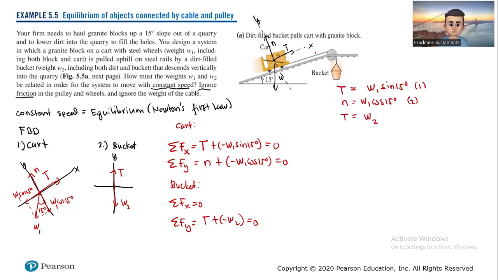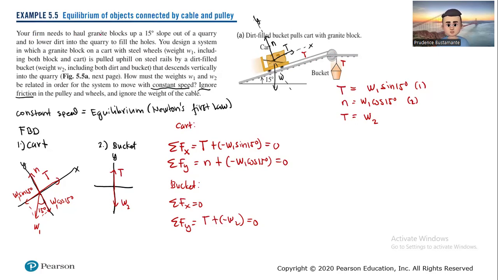Okay. So the tension here, class, and the tension here are actually equal. That's the catch of this kind of problem, because this pulley is an idealized pulley. Okay, let's read again.